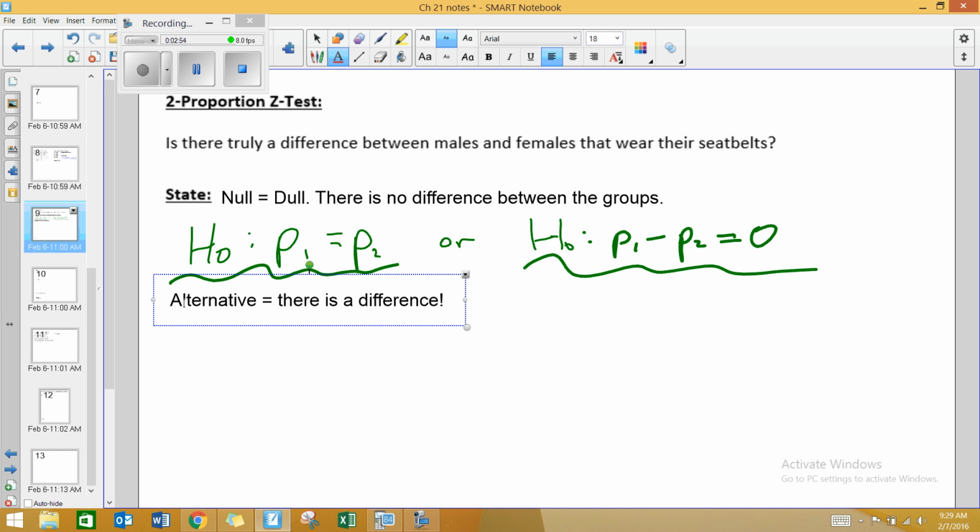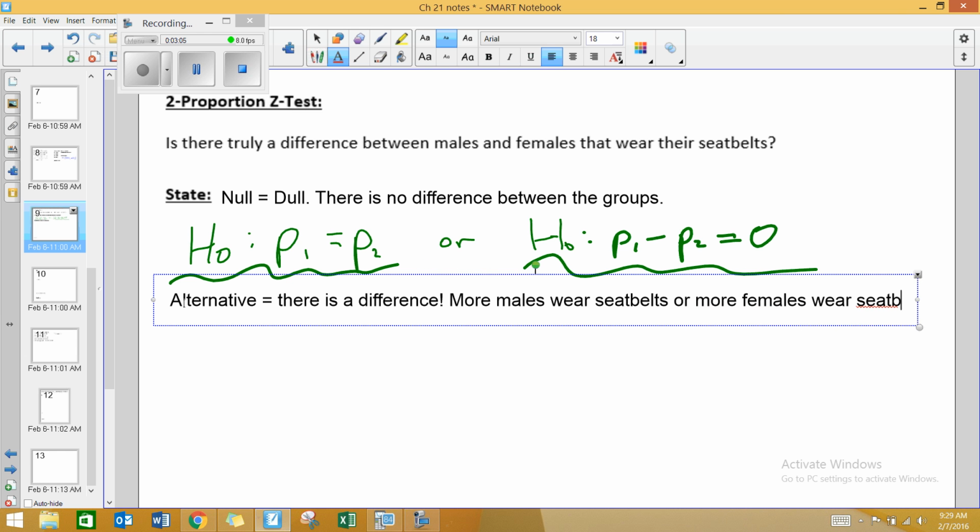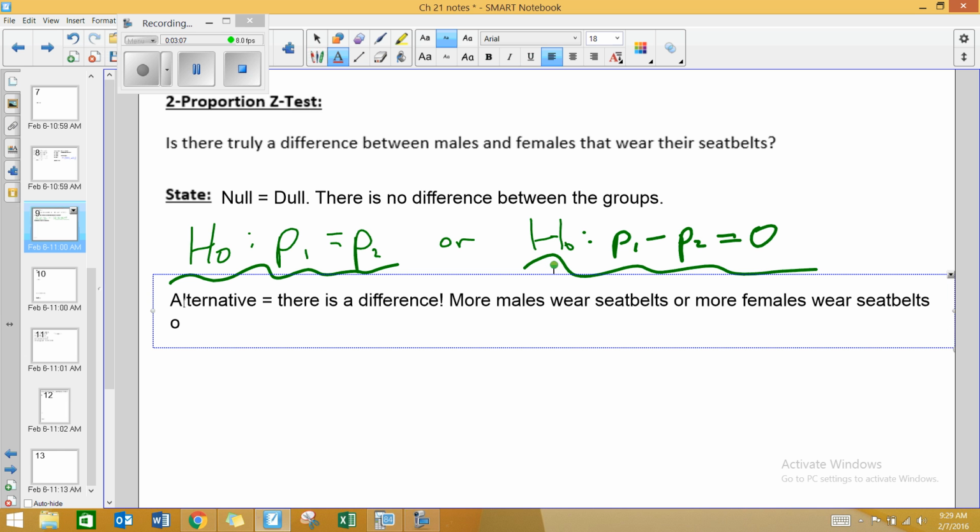So maybe this is more males wear seatbelts, or more females wear seatbelts, or there's some, well, I guess those are the only two types of differences, but we're unsure. We're unsure, but think there's some difference.